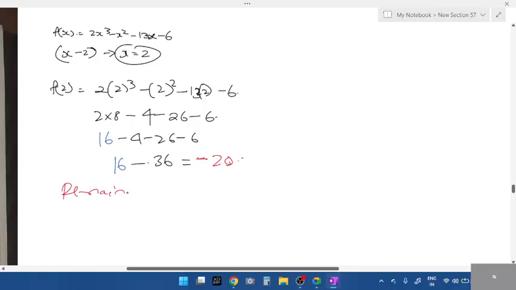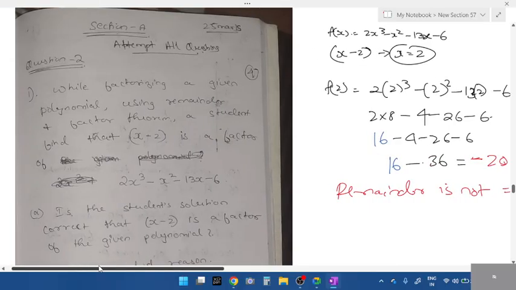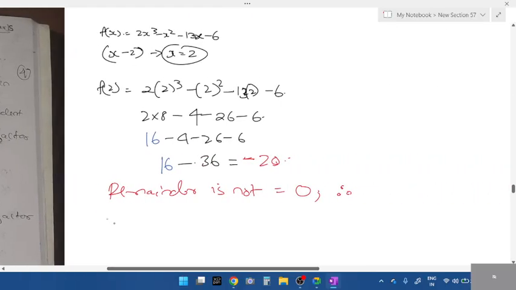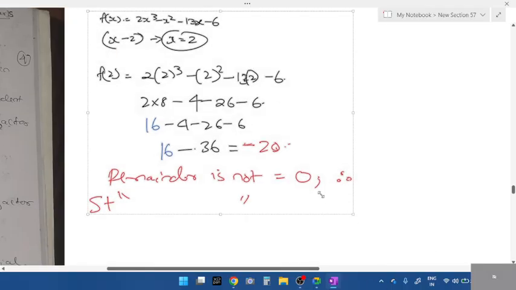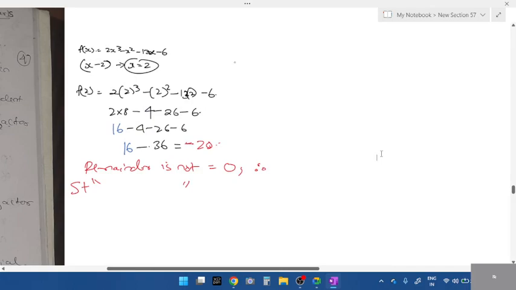You should write that. Remainder is not equal to 0. Therefore, the student solution is wrong. Just mention that the student solution is wrong. Next, we have to factorize completely.